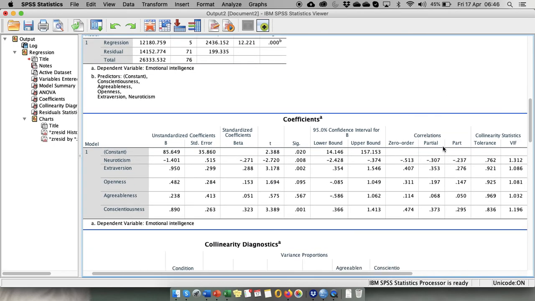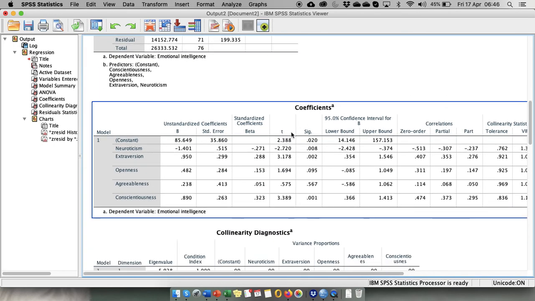But the most important table is this one, the table of coefficients. This is where you get your slopes and your intercepts. The first one, constant, is your intercept, where the line starts. Your slopes are presented with the unstandardized betas and standardized beta coefficients.